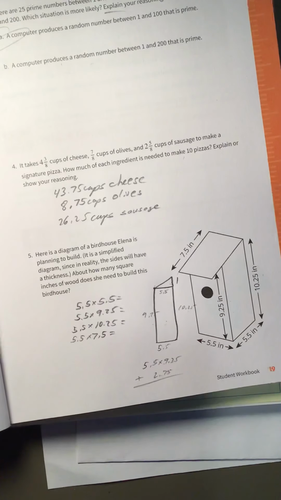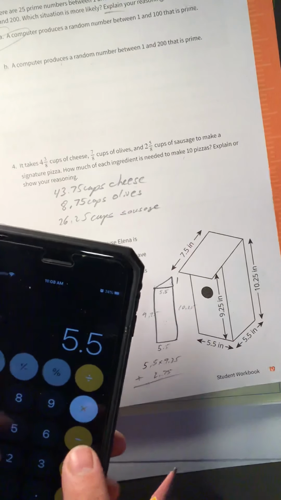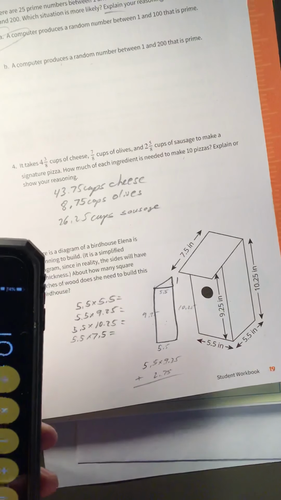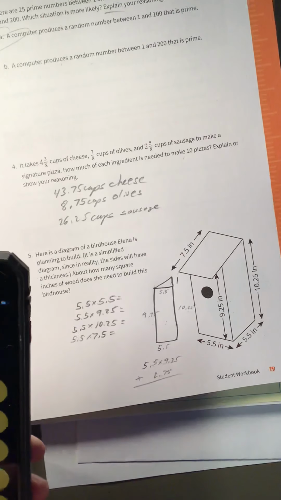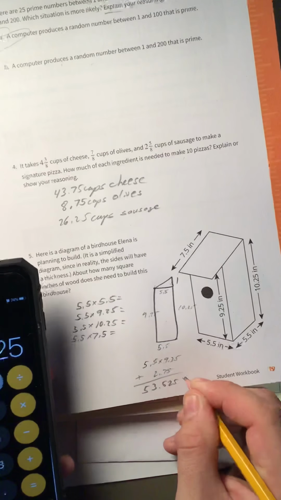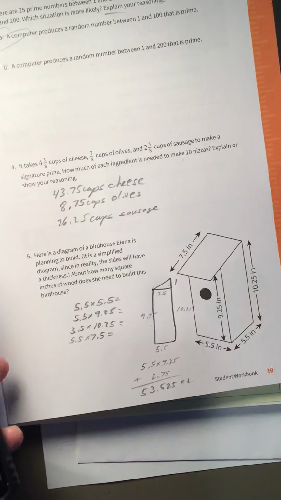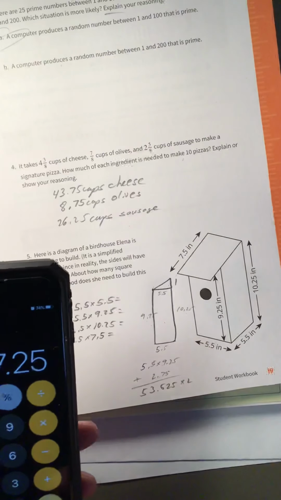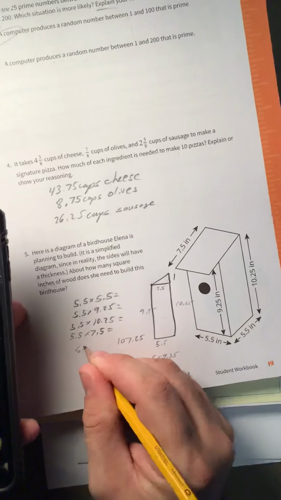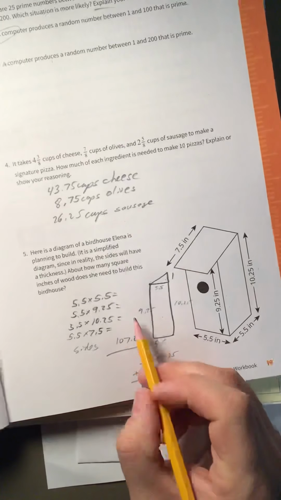So I'm going to do that now. 5.5 times 9.25 plus 2.75. So that's 53.625, and I actually have to double it because I got the same thing on the other side. So times 2. So that's going to be 107.25.